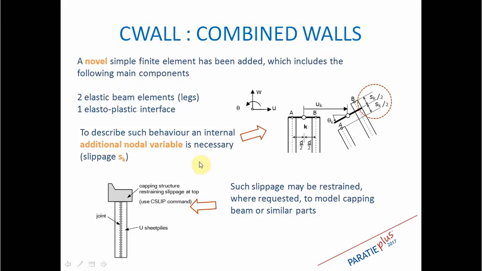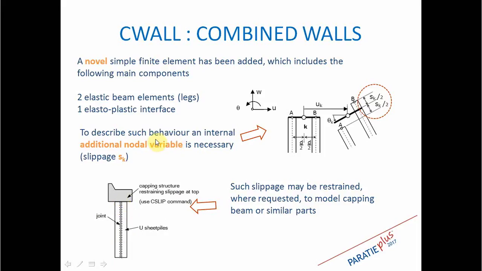We call this element CWALL element, combined wall element, and this element is composed internally by two elastic beam elements that we call legs, and one continuous interfacing between such two legs.